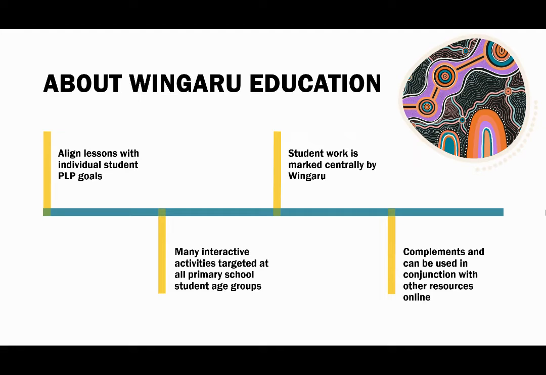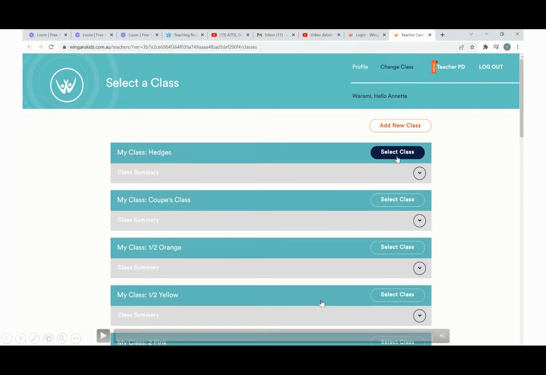And it complements other schemes such as Magabala Books, Storylines website, and the ABC Indigenous videos. Because these complement each other, they can be used in conjunction with each other, which means that we can give students access to the most suited resources.